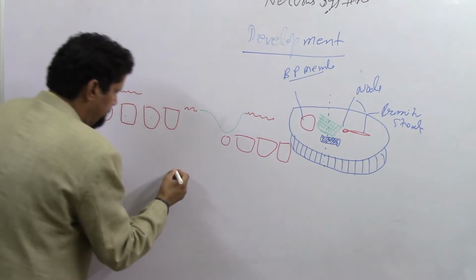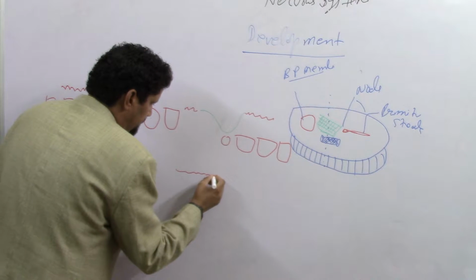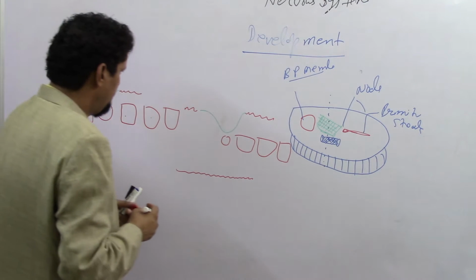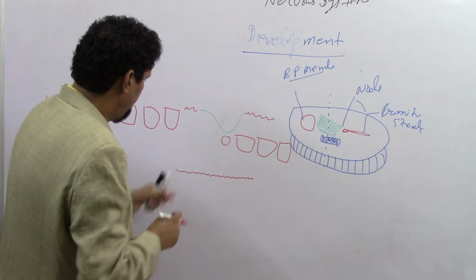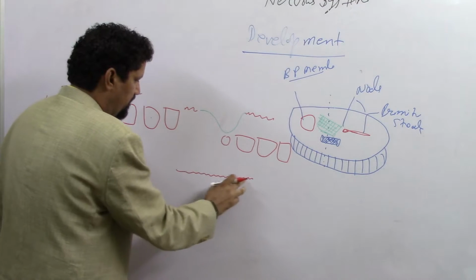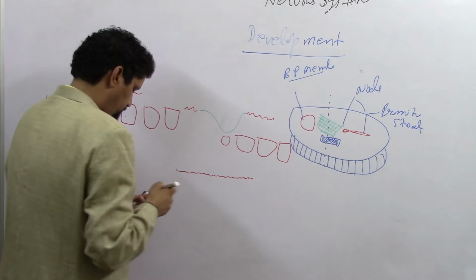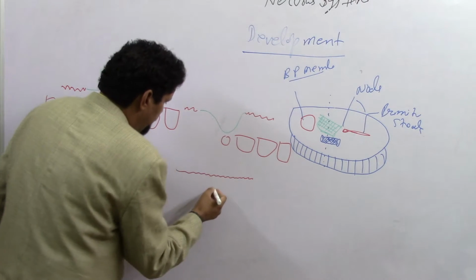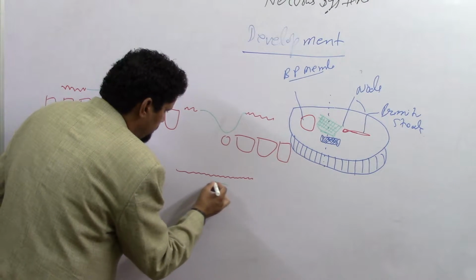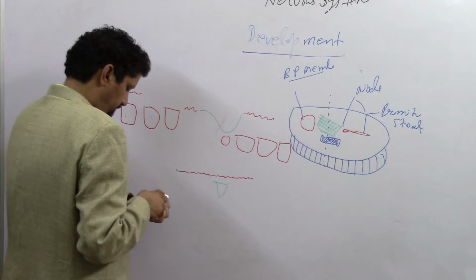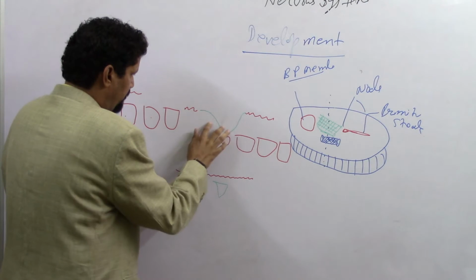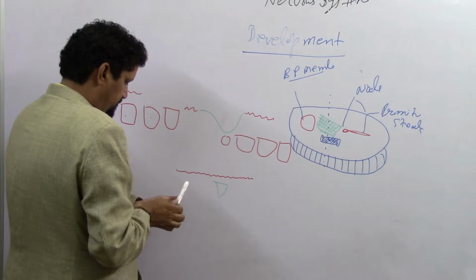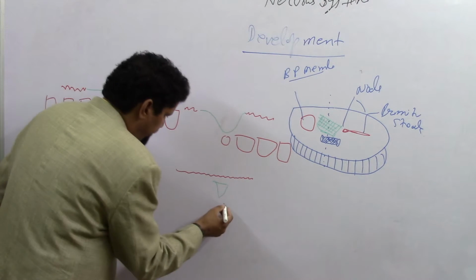As time passes, like parts meet like parts: the surface ectoderm will meet the surface ectoderm, neural fold cells will meet the neural fold cells, and the margins of the neural groove, or the lowermost part of the neural fold, will meet to form a tube.